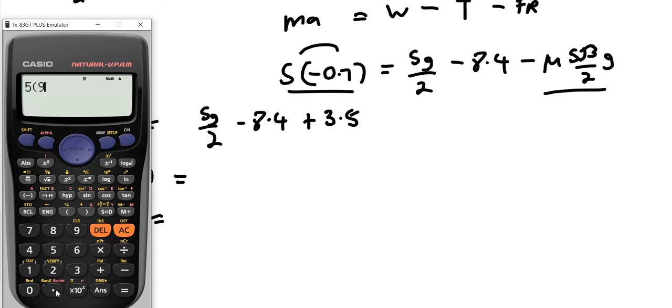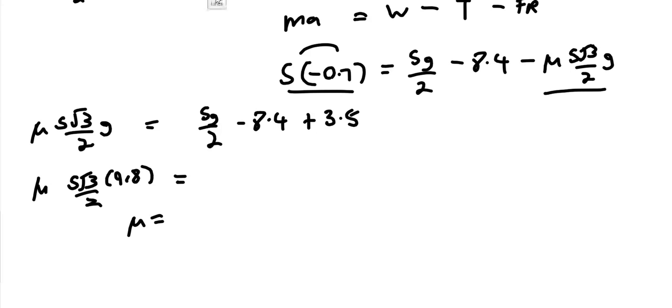5 times 9.8 divided by 2, minus 8.4, plus 3.5, which is 19.6. I think this makes things a lot easier now. 19.6, bring the 9.8 underneath.